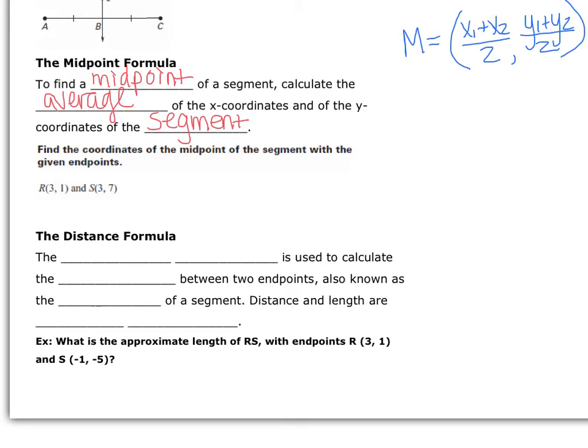So in an example here, find the coordinates of the midpoint of the segment with the given endpoints. Here are 2 points that are on a graph. You don't need graph paper to do this, but basically you have a segment that's on a graph, and here's R, and the coordinates of R are 3, 1, and then somewhere on the graph is S at 3, 7.